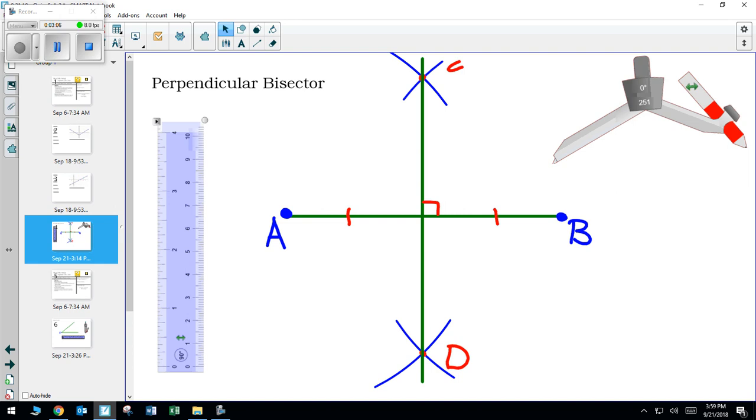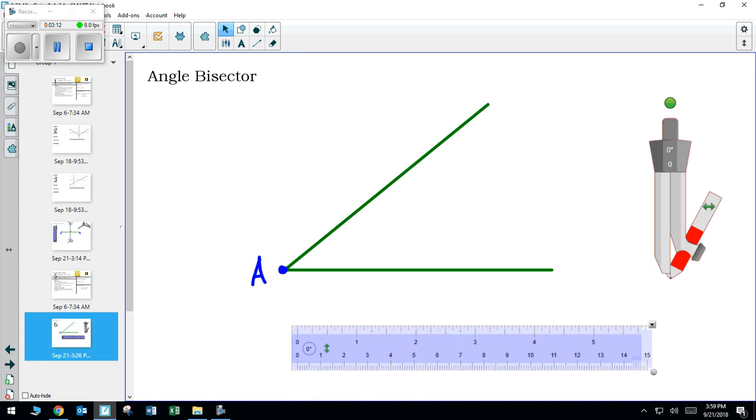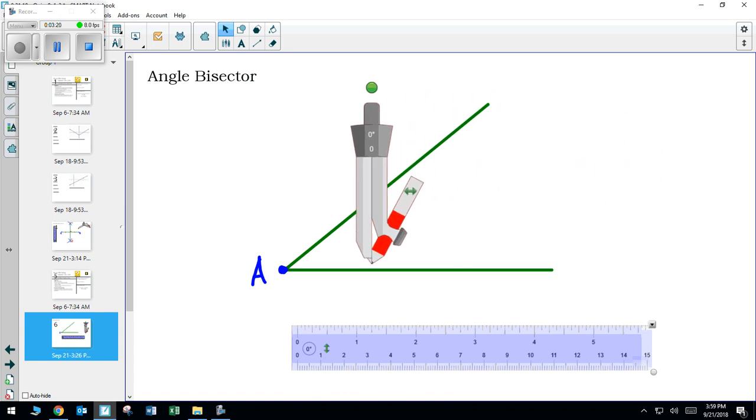The second construction we're going to look at is creating an angle bisector. So, given an angle, the very first step in this construction is the same as if we were going to copy this angle.